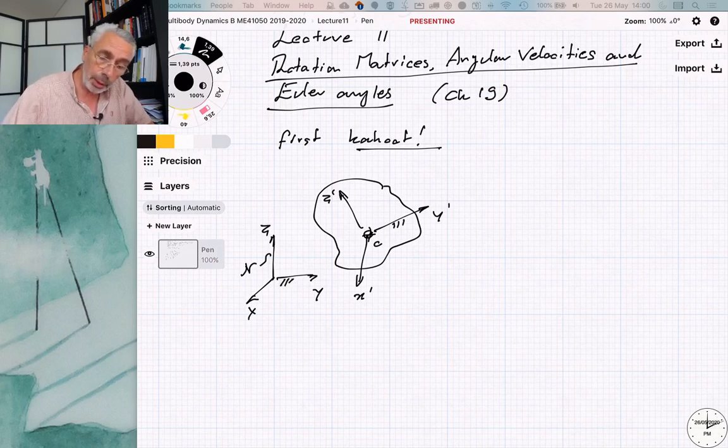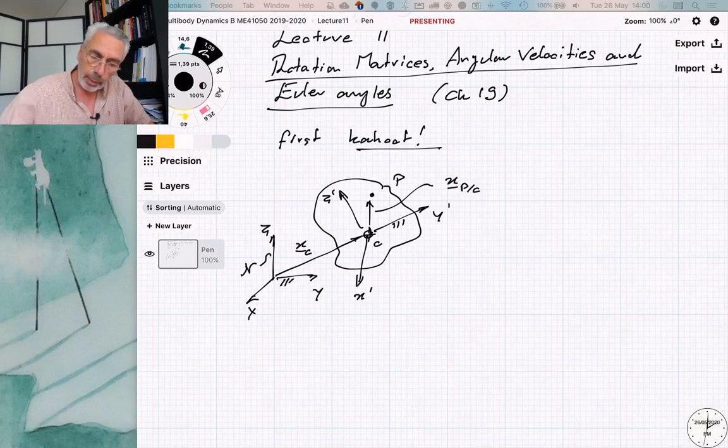Then there is some point in the body, P, and that point we like to trace. And how do we get to P? Well, we first move to the center of mass, to x_C, and then from x_C we take this local route. We usually write that as the position of P relative to C. This is this position x_P.